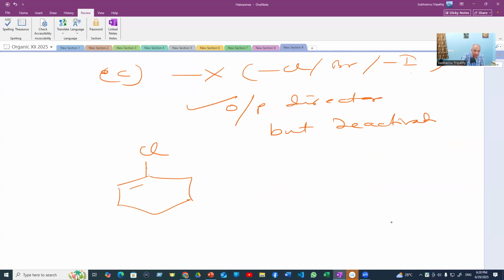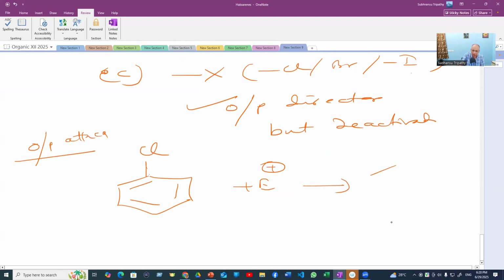So in that case, if E plus attacks, this is an ortho or para attack. I am taking the ortho attack. If it attacks at the ortho position, then I am avoiding steps. Chlorine is the existing group, so this will have a plus charge.